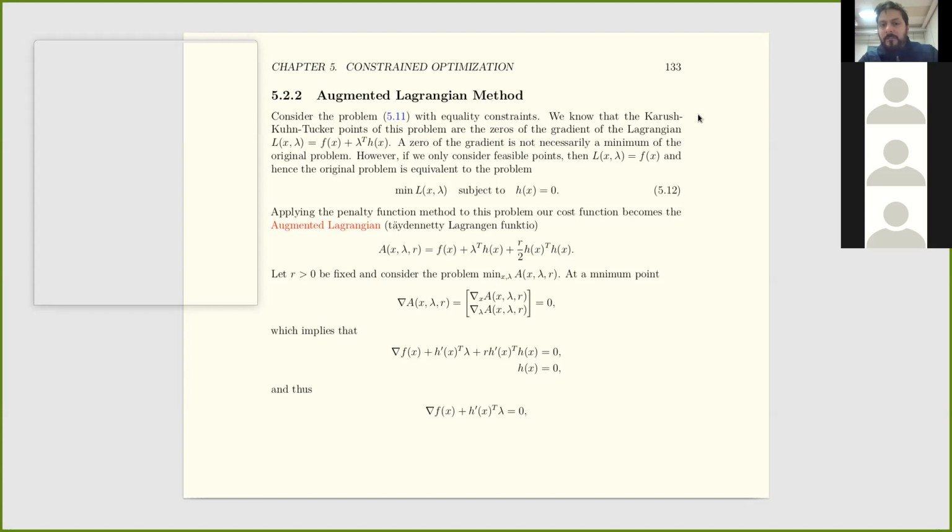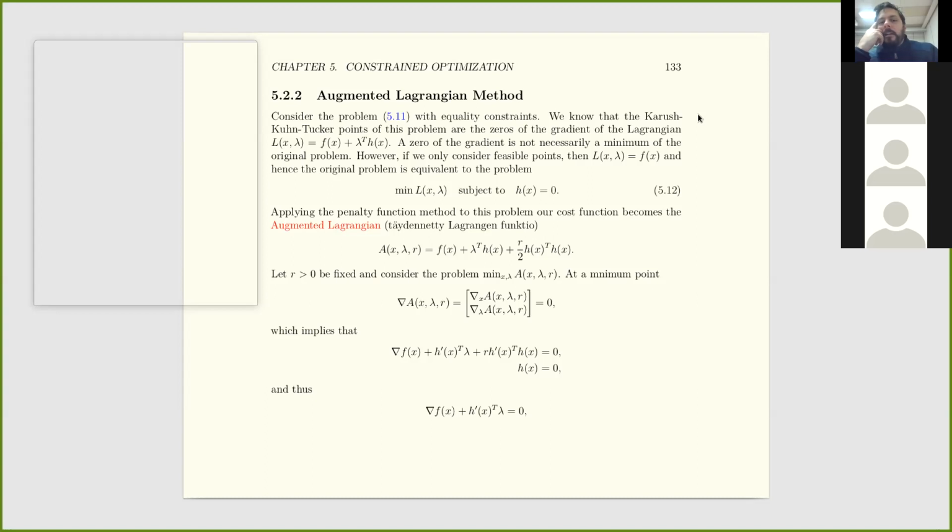And in that case, the value of the Lagrangian is in fact just f(x). So that's the thing to understand, is that the term lambda h(x) vanishes at a point where x is feasible, obviously because h(x) is 0.